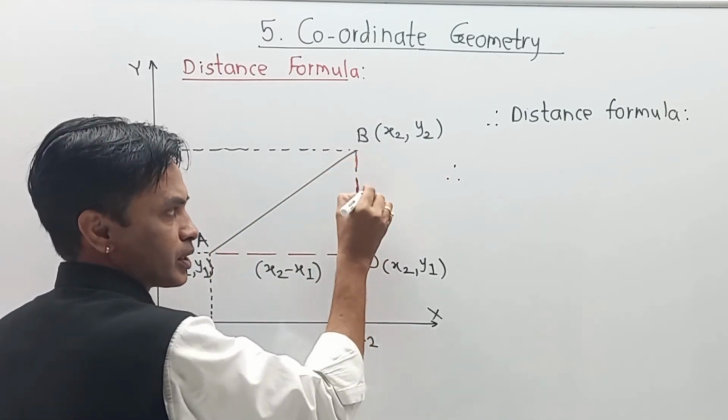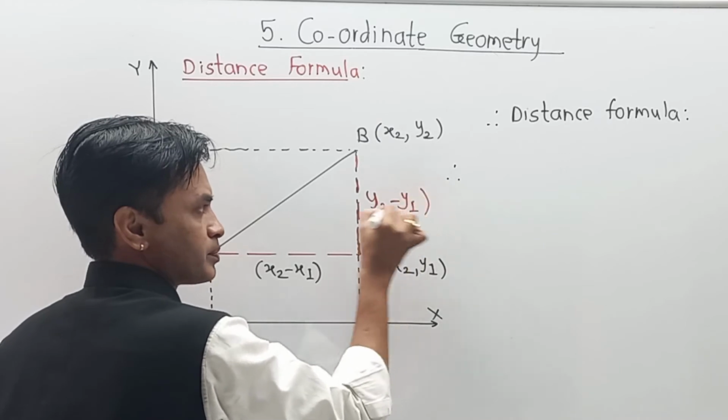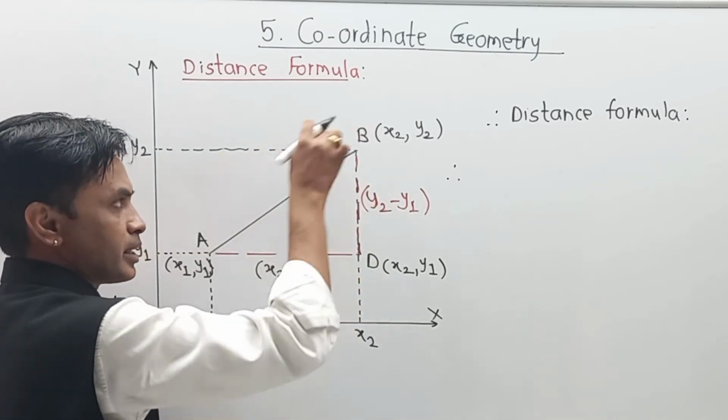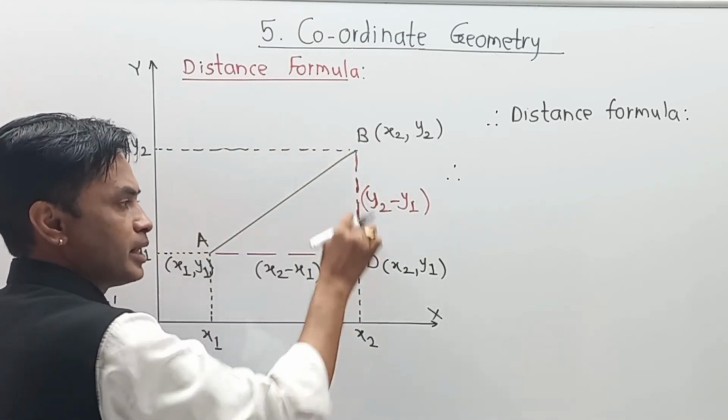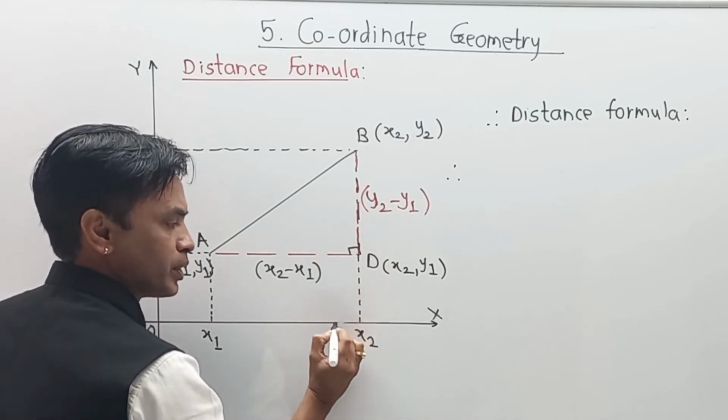Now if you observe this triangle ADB, this is nothing but a right angle triangle.